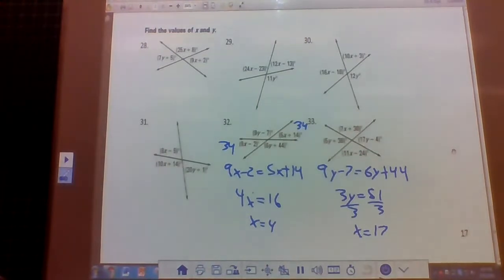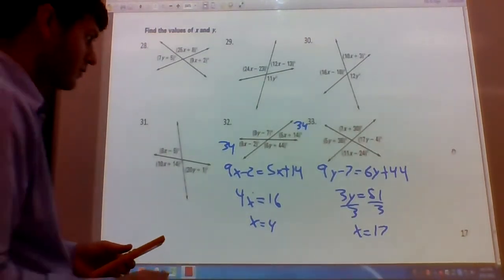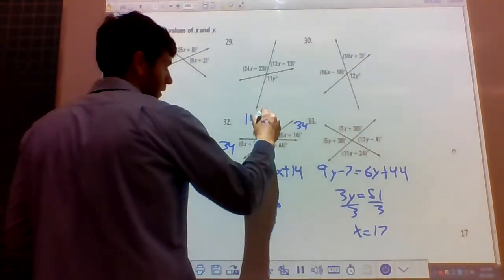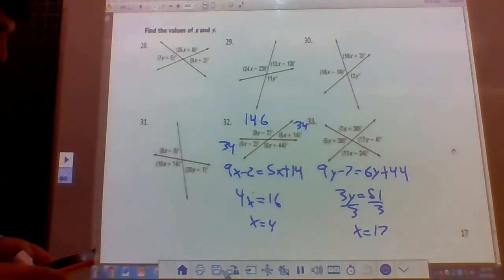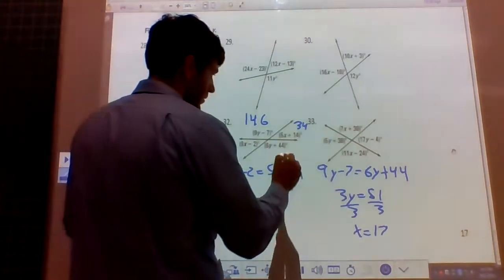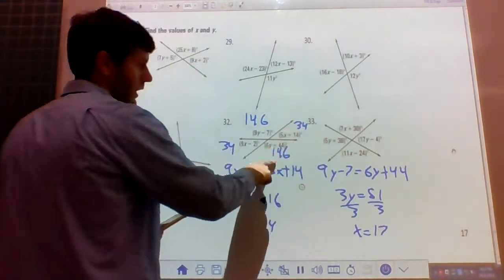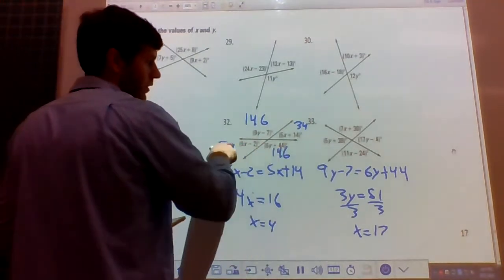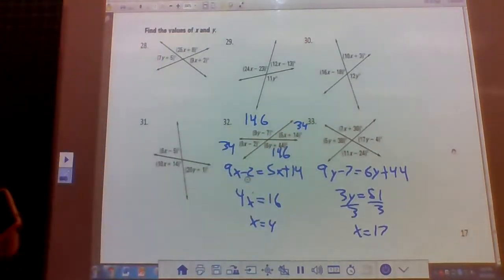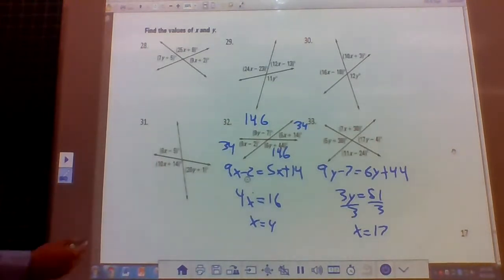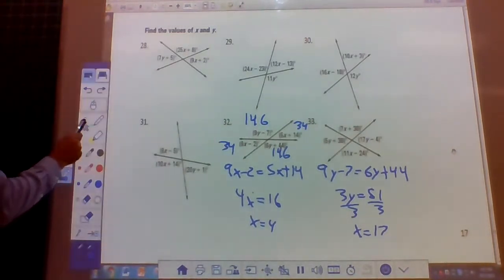Let's just do the calculator. It's going to give us 146, which looks like a great answer. 6 times 17 plus 44, 146. 180, 180, 34 and 34, 146 and 146. Vertical angles are congruent. Linear pairs are supplementary, add up to 180.